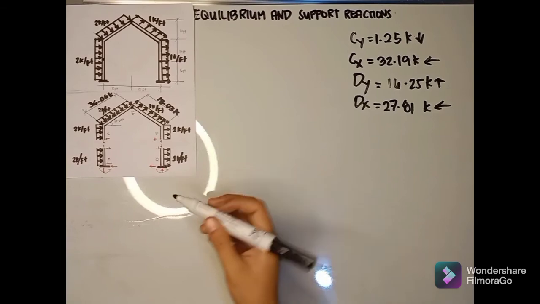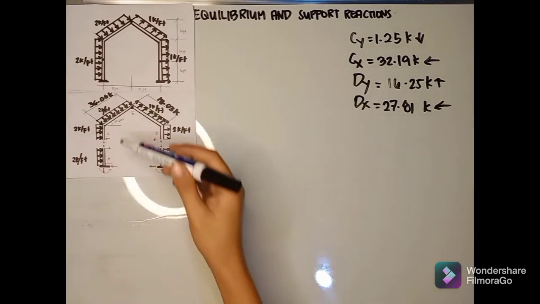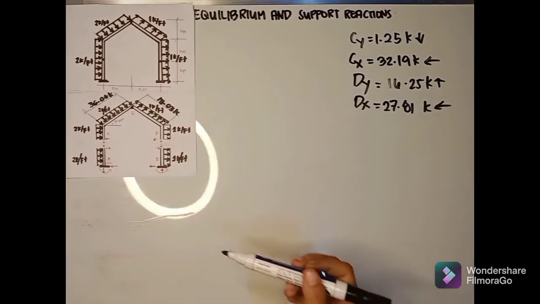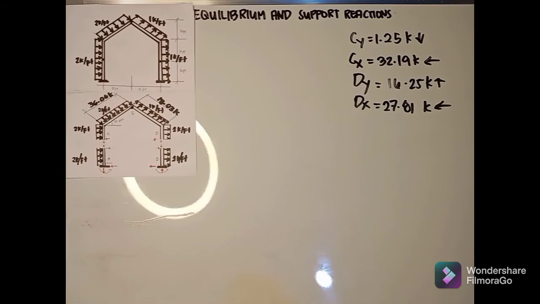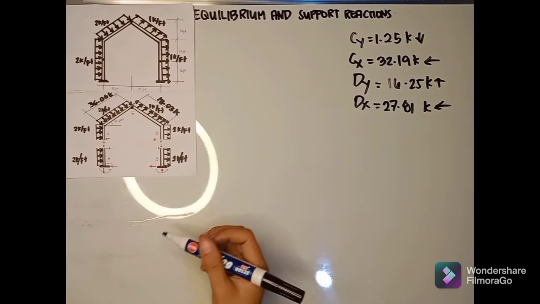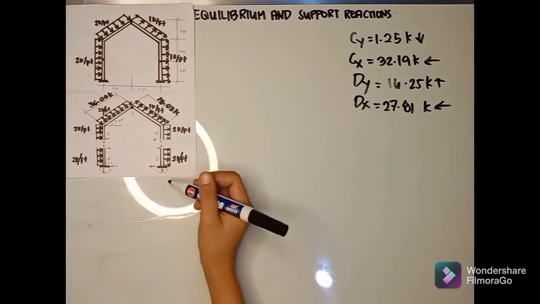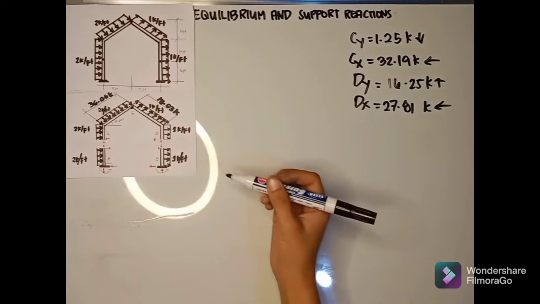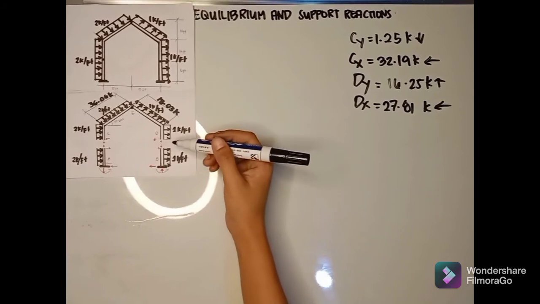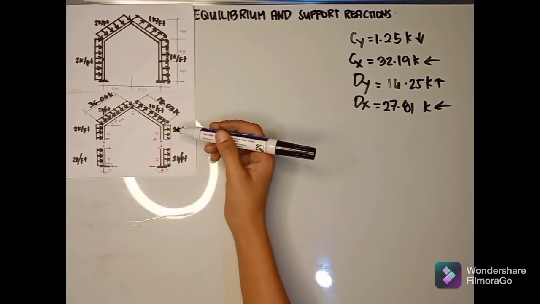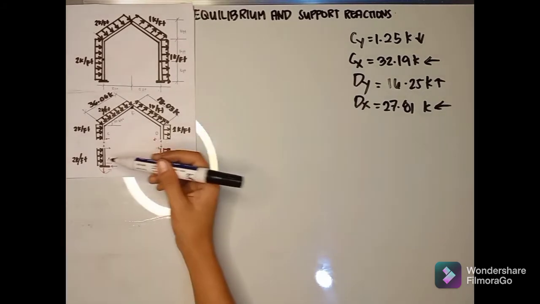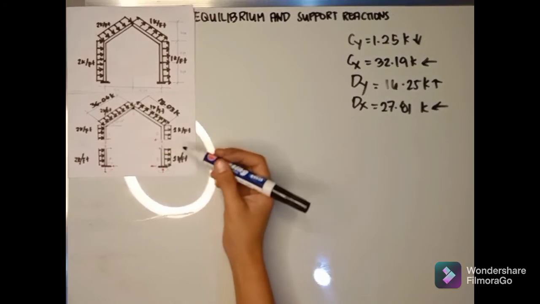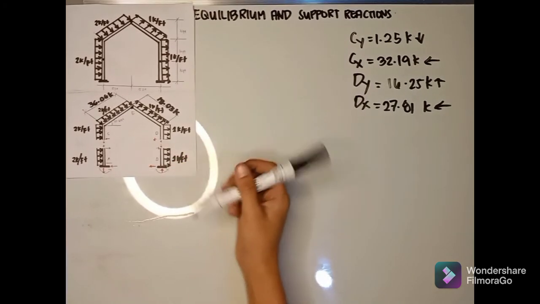Dahil nakuha na natin yung mga reaction sa segment CED ng ating frame, pwede na tayong mag-proceed sa paghanap ng reaction sa ating point A at point B. So, yung sa C and D, di ba nakahanap tayo ng kanilang reaction. So, ang magiging reaction niya sa C and D sa segment A at B is yung opposite.